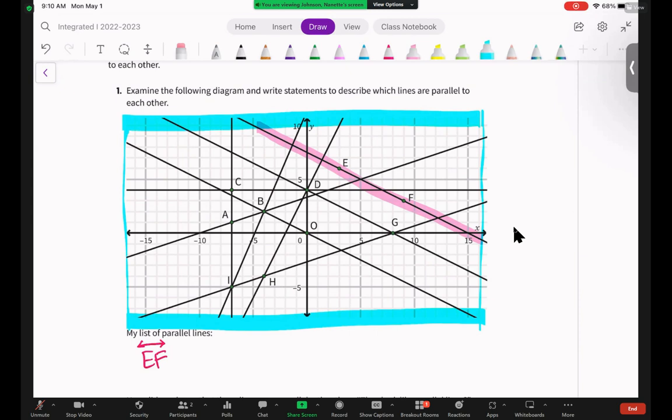So I want you to take some time right now to figure out which lines here are parallel, and write a couple of them. Write the ones that you know.